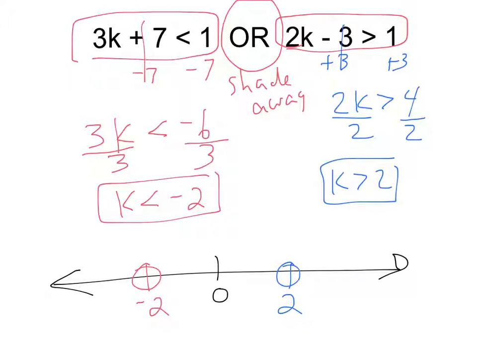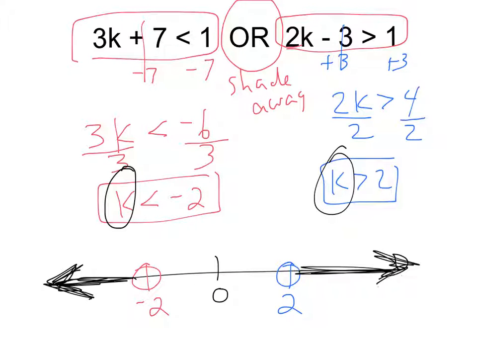It's an open circle because it's greater than. So where are we going to shade? Well, we want some number k to be less than negative 2, so I'm shading to the left. We want that same number k to be bigger than 2, so I'm shading to the right. This is obviously why this is an or statement. They shade away from each other just like they should.